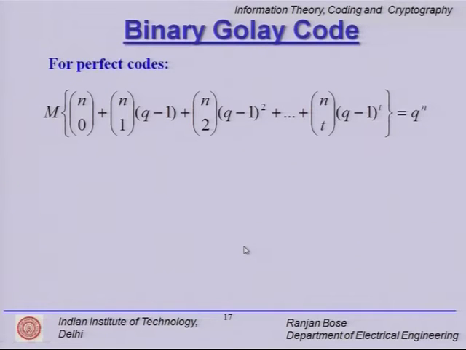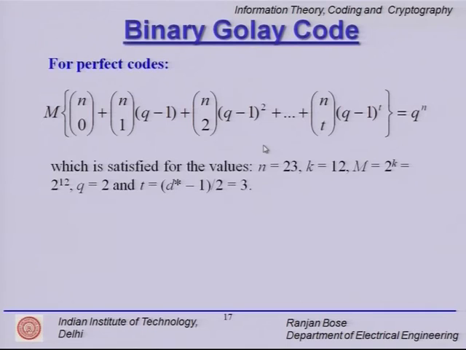Now, we look at another example, the Golay code. We start off by refreshing our definition of perfect codes. If you recall, for perfect codes we had this condition: we wanted the equality for the Hamming bound, where n is the block length, q is the Galois field GF(q), and t is the number of errors it can correct.